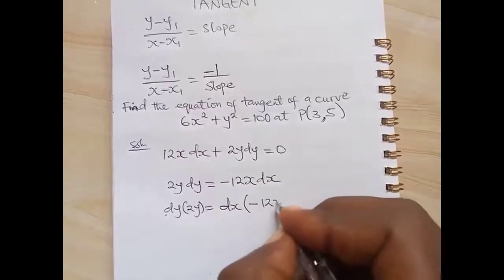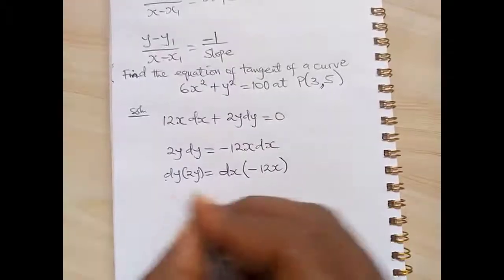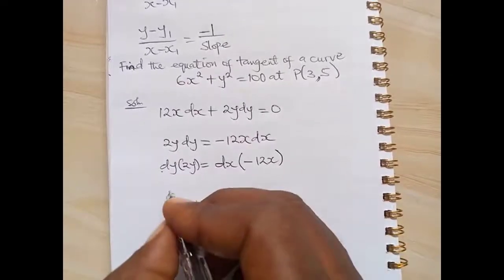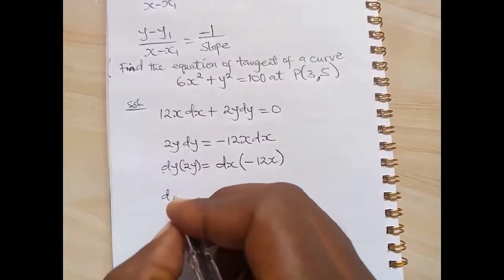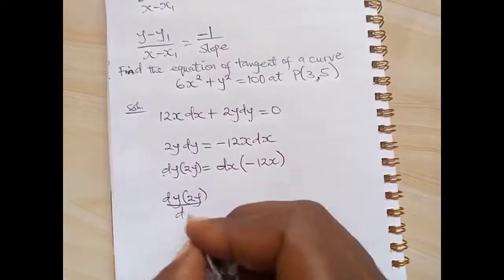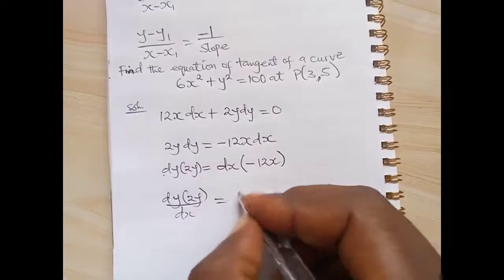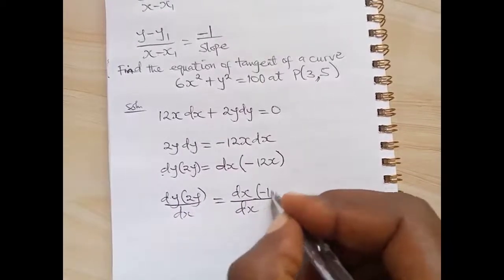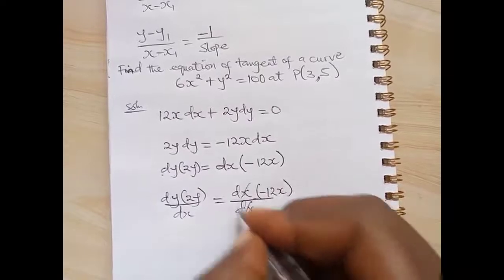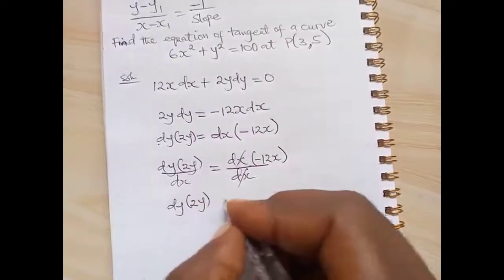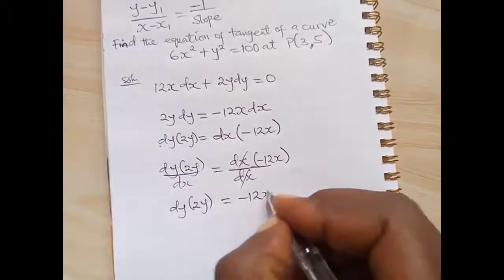If we divide all through by dx, what we're going to have here is 2y dy/dx equals -12x.